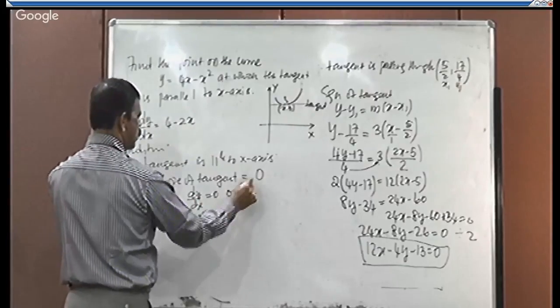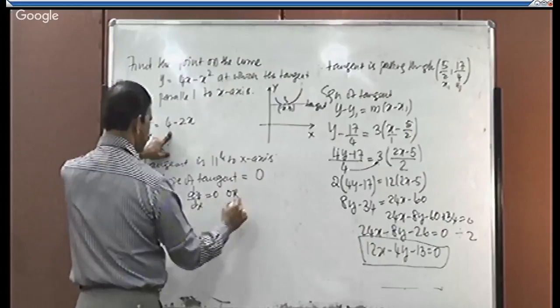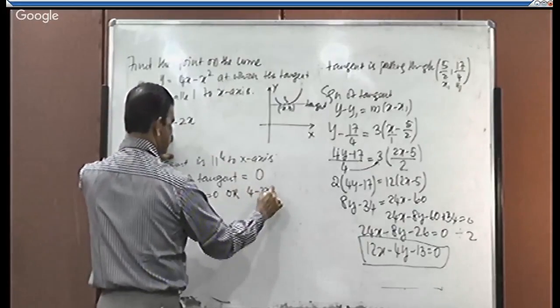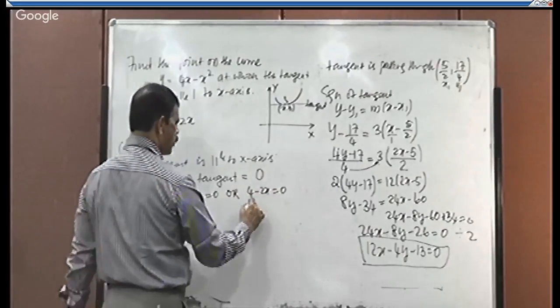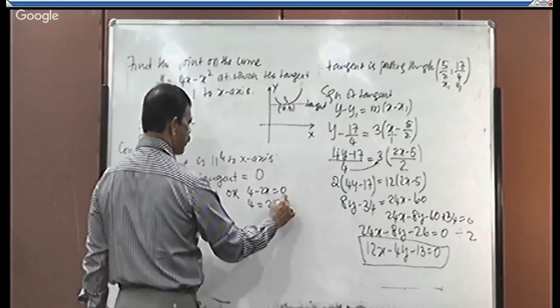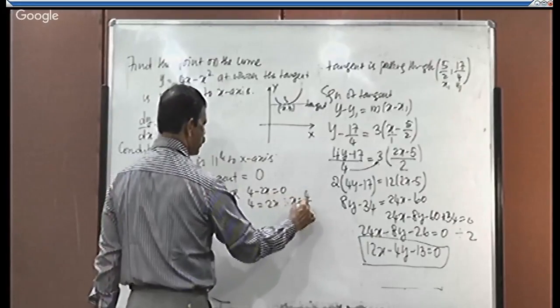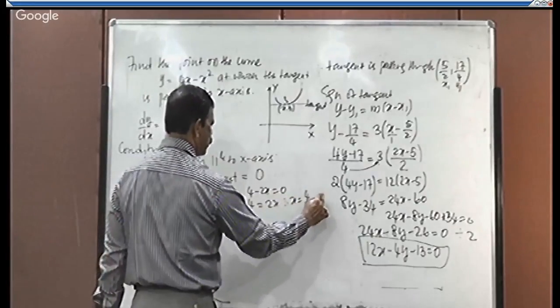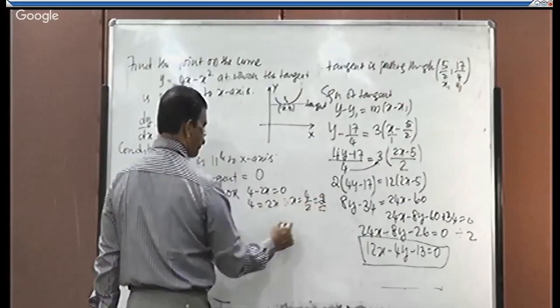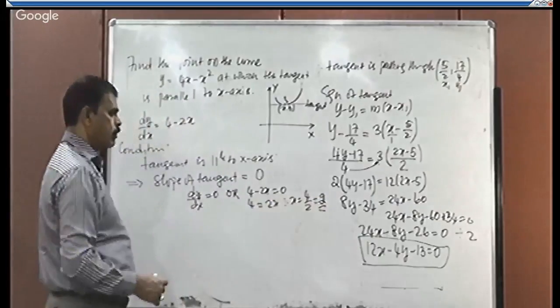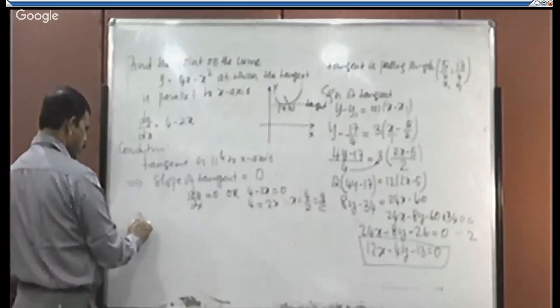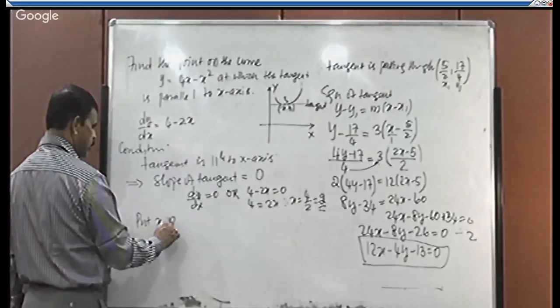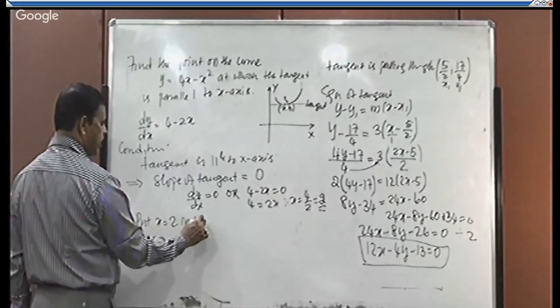Dy by dx is what? 4 minus 2x is equal to 0. Or 4 is equal to 2x. Therefore, x is equal to 4 divided by 2, which is equal to 2. We got the x value. Put x is equal to 2 in y.